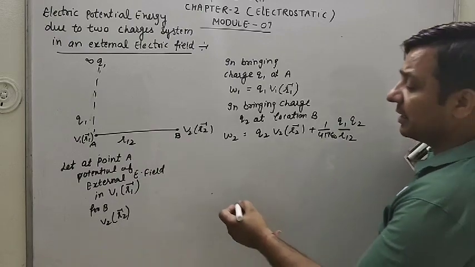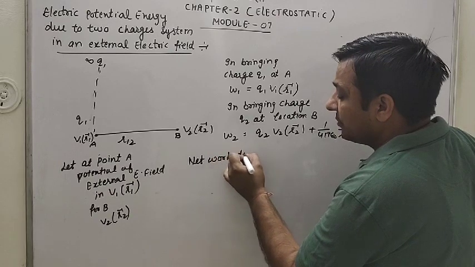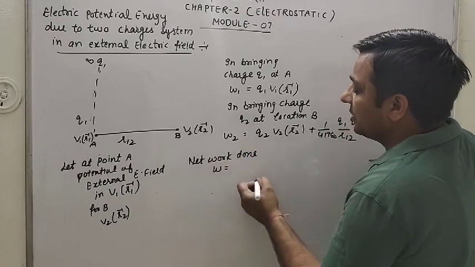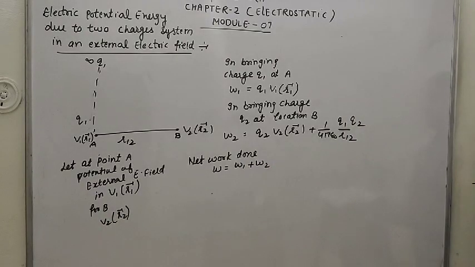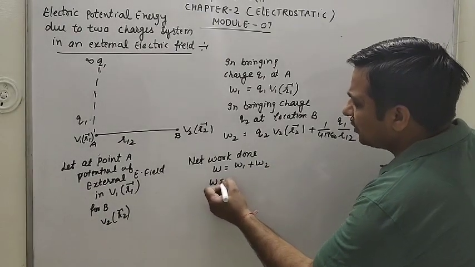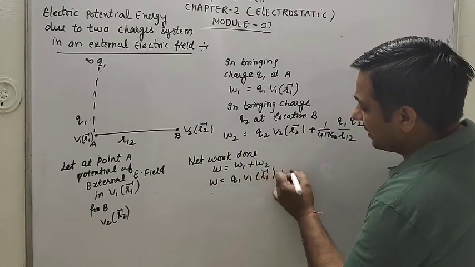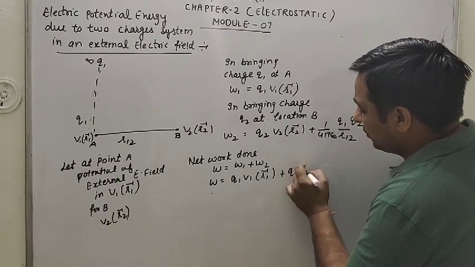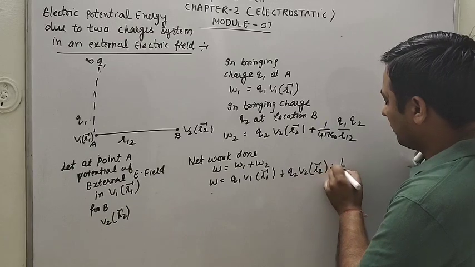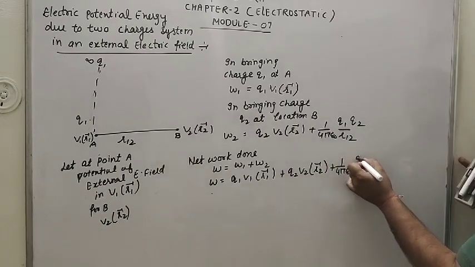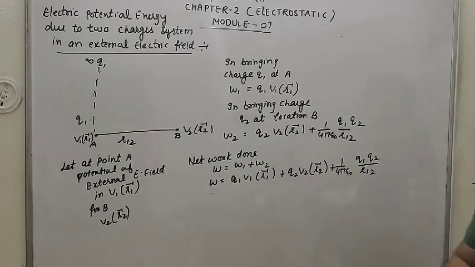So net work done W equals W1 plus W2, which equals q1 V1(r1) plus q2 V2(r2) plus 1 by 4 pi epsilon naught q1 q2 upon r12. This is the net work done.